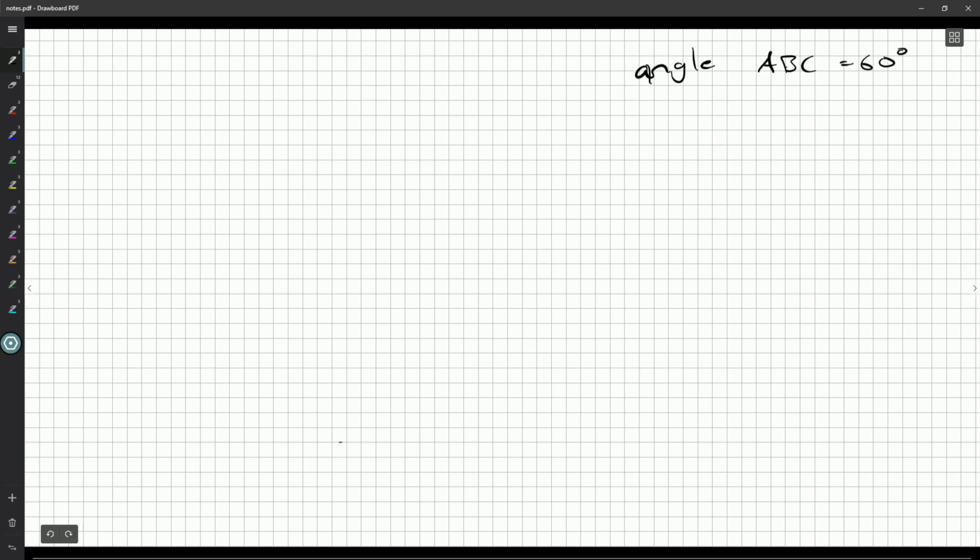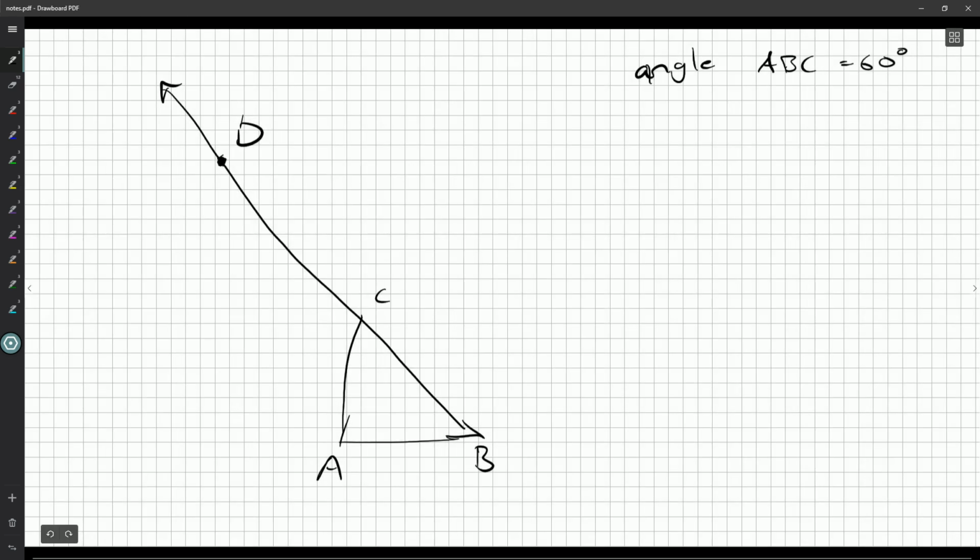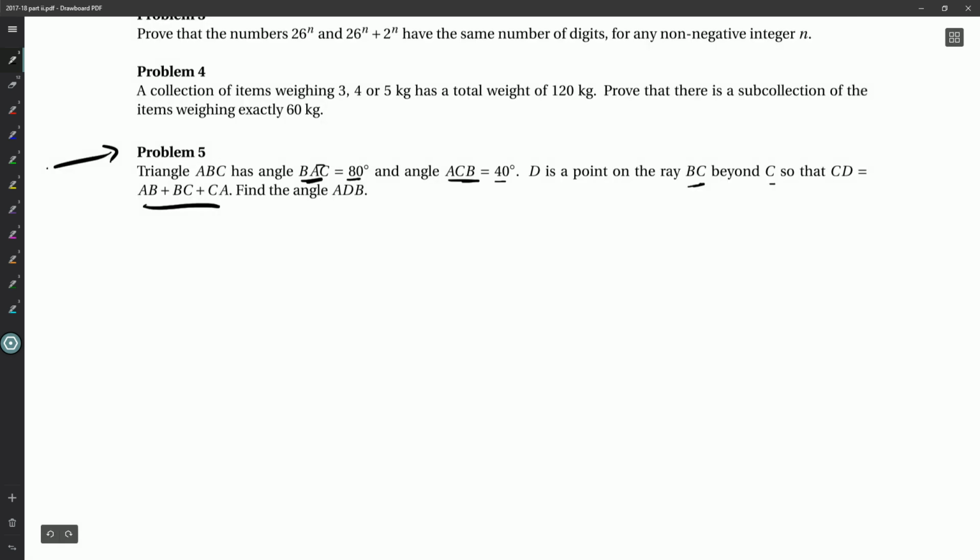So A here, C here, B here, and then they're saying D is somewhere on this ray, so that CD is the perimeter of the triangle. Okay, so this is CA plus, what was it? AB plus BC plus CA.